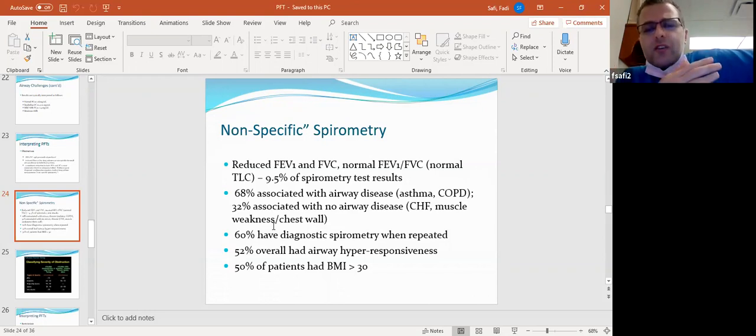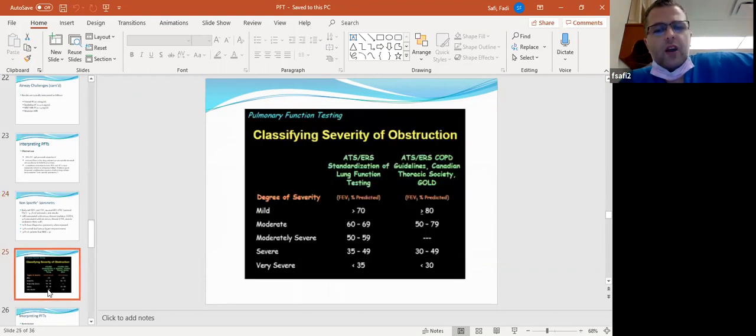So it's not obstruction and it's not restriction. When you don't have obstruction or restriction, you call the PFT non-specific. Around 10% of the PFTs you measure may be non-specific, and these have certain interpretations. But anyhow, this is how you classify severity of obstruction: mild, moderate, or severe.